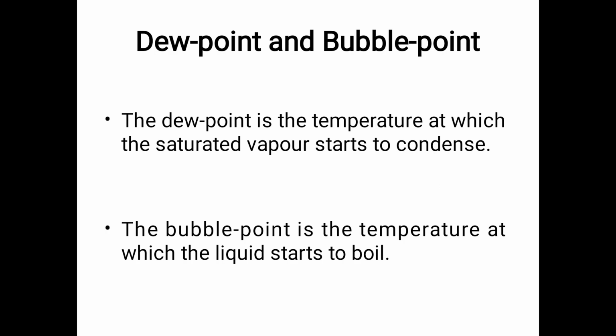The bubble point is the temperature at which the liquid starts to boil. When the liquid starts to boil at a particular temperature, it is known as the bubble point temperature.